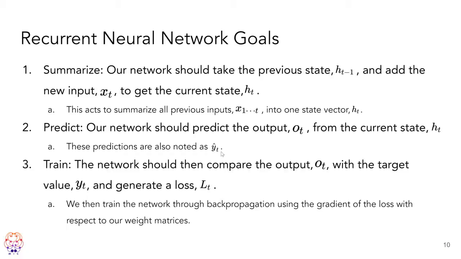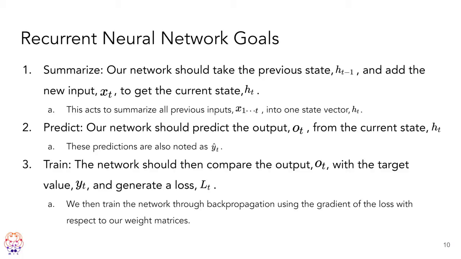This predicts the real value of yt, so the goal is to get ot equal to yt. For training, we compare the output ot with yt, get some error and generate a loss. Then we use that to train our neural network with backpropagation, which we've done with all the previous architectures that we covered.